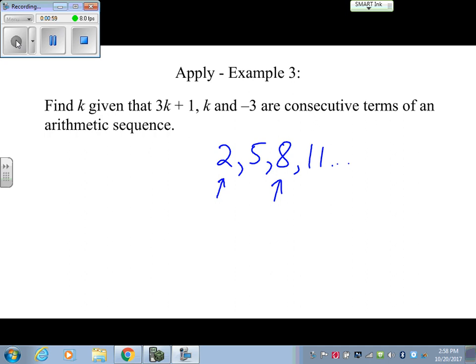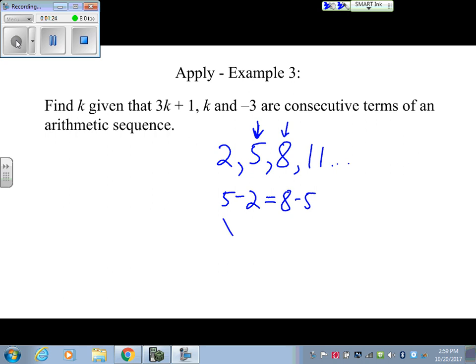And the thing that we know about consecutive terms, even though they're not the same value, is that I can get a common value if they're part of an arithmetic sequence. The way we do that is we show that we have a common difference. If I take, for example, 5, the second term, and subtract the previous term, 2, that would be the exact same thing as starting with the third term, 8, and subtracting its previous term of 5.